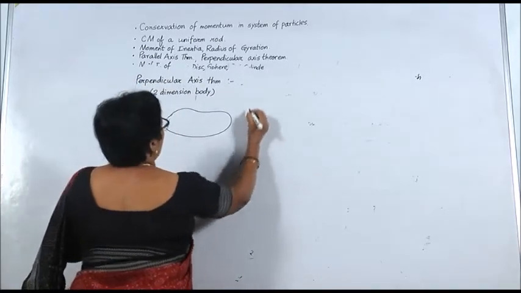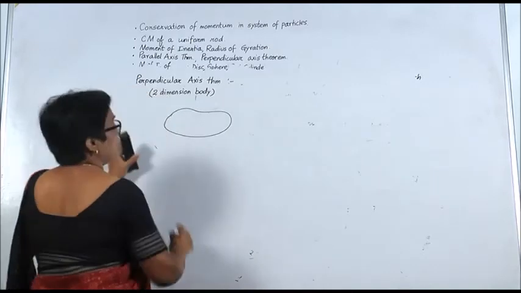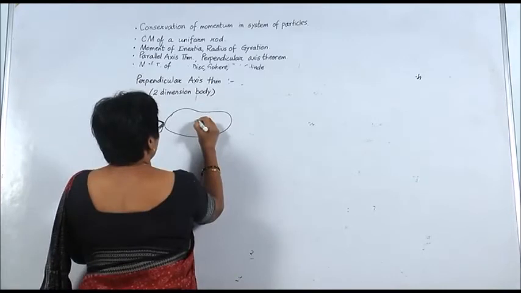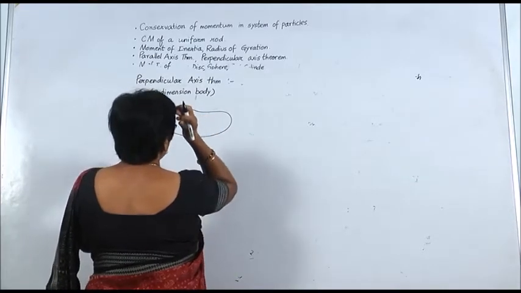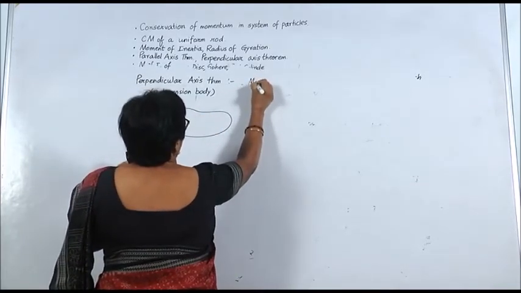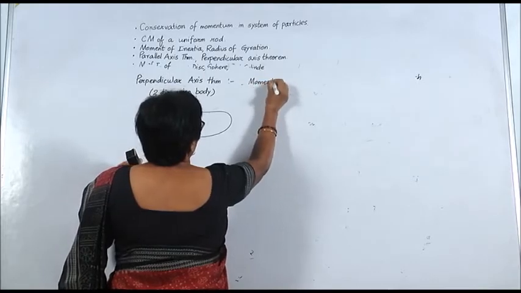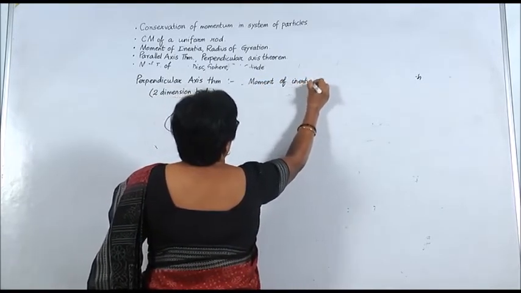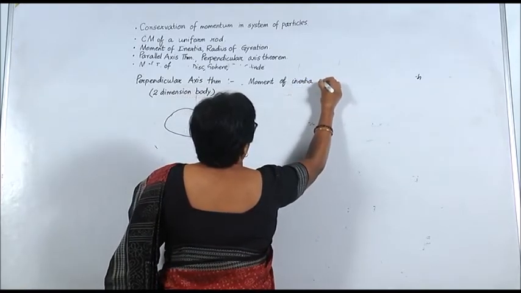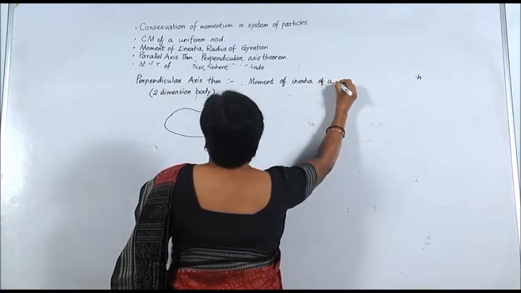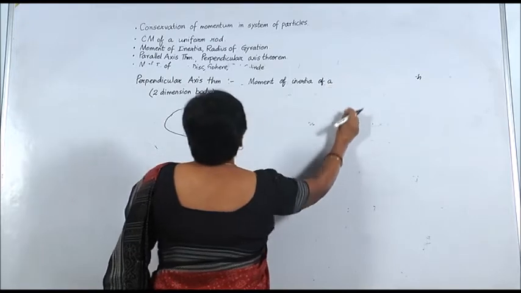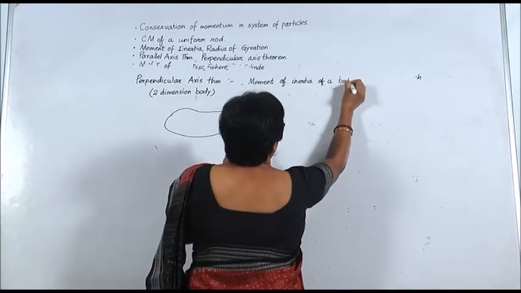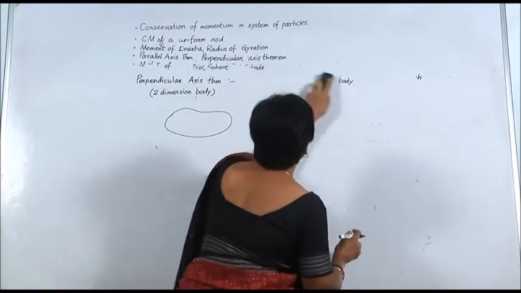Now, as the name indicates, it is the perpendicular axis theorem, so there must be something perpendicular. So, if you want to find out the moment of inertia of a body, now let us take it this way.